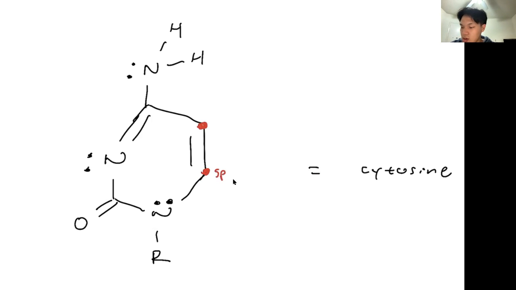So this is sp2, sp2. We have 2 pi electrons right now. If we go up here, this is also sp2. We have 3, 4. So now we don't have 2 anymore. We have 4, right? 1, 2, 3, 4.